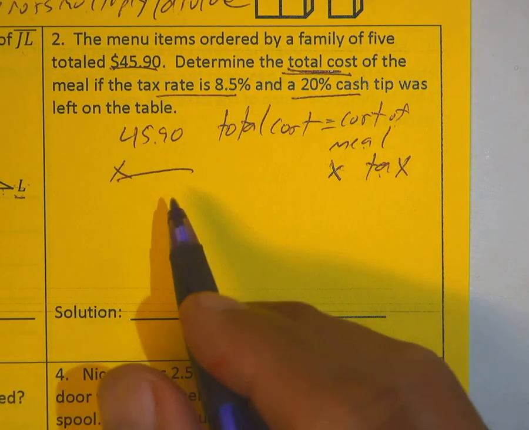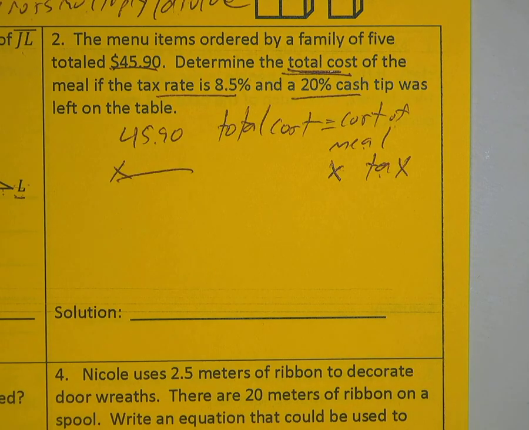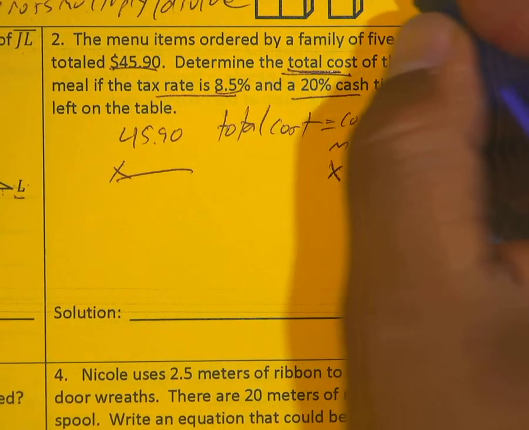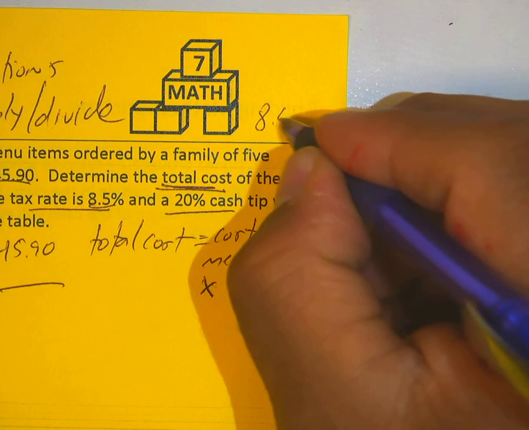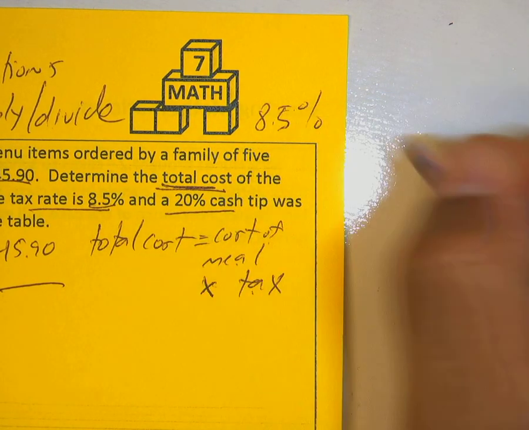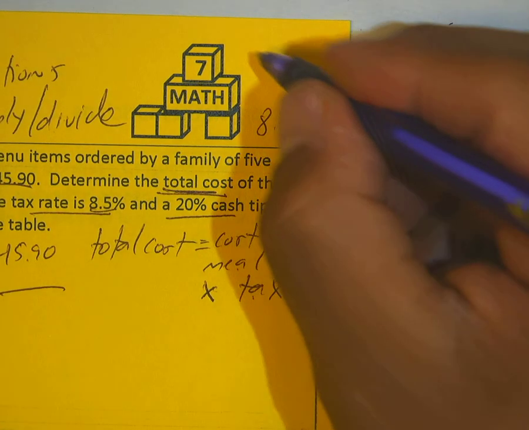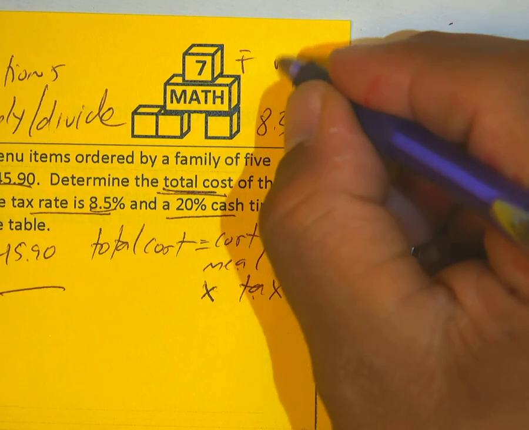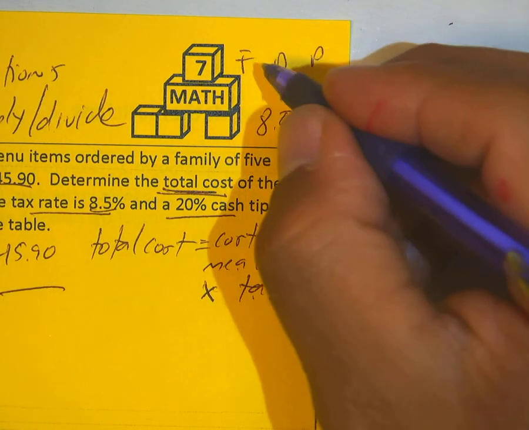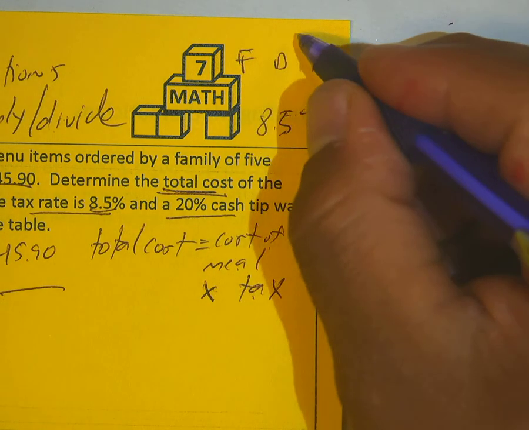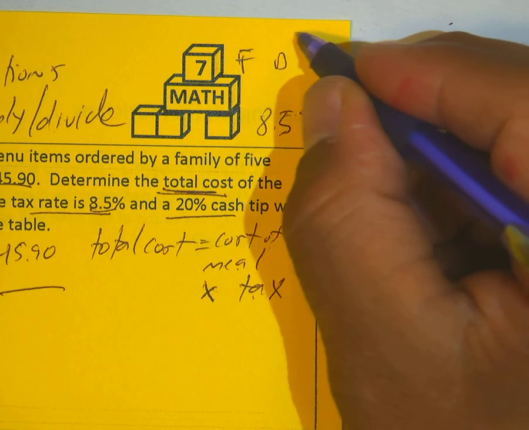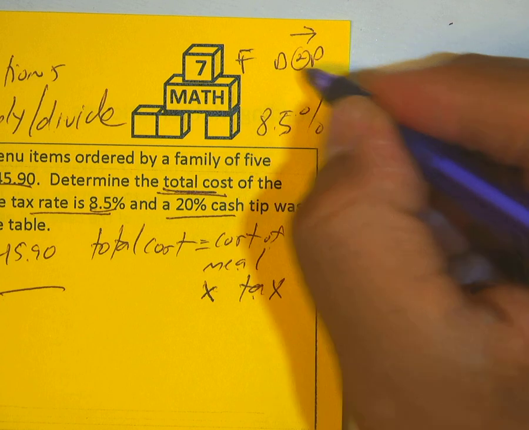I'm going to multiply that times the tax, and the tax is 8.5%, but I need to convert that to a decimal. Now you've learned about FDP, fraction decimal percents. When you want to go from a decimal to a percent, you move the decimal 2 times that way.